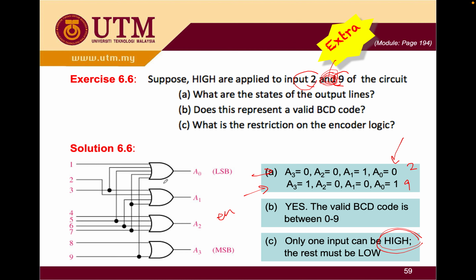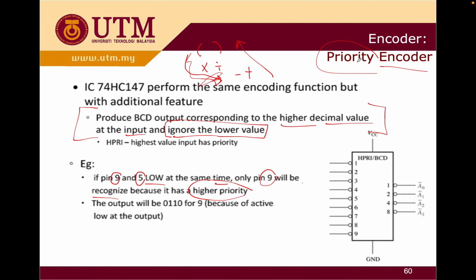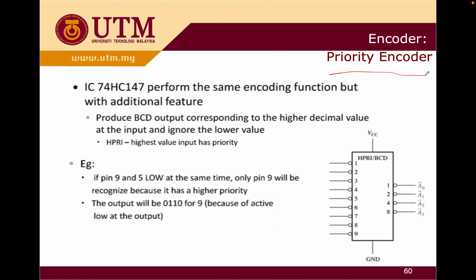Just now it was high, active high. So if in this question you apply this 9, because this 9 is 1, it has priority. But here we are looking at the priority encoder, an active low encoder, because you have a bubble here, as you can see.